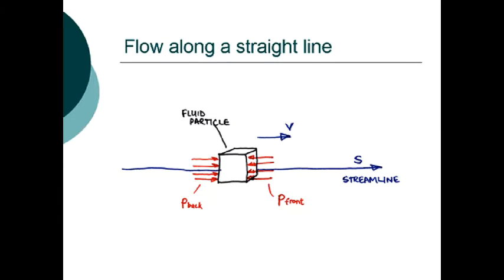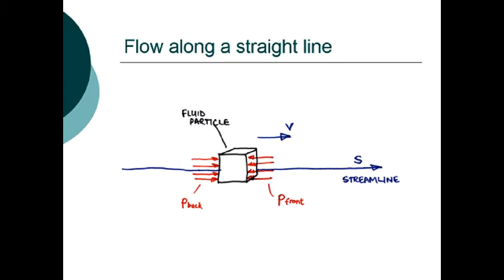And that cube is traveling along this streamline with some velocity v. And to make it even simpler, right now I'm just interested in the pressure on the back and on the front. So I'm interested in the pressure here and on the front there. Pressure, of course, always acts normal to the surface and always inwards.